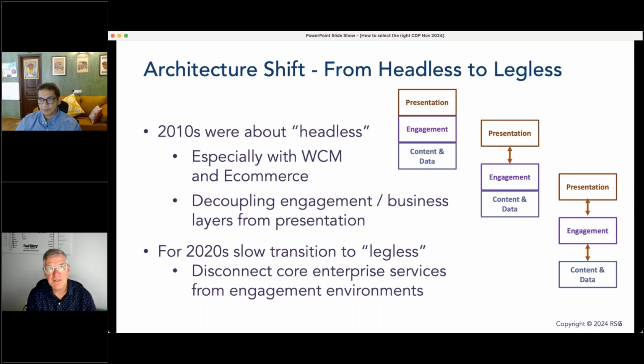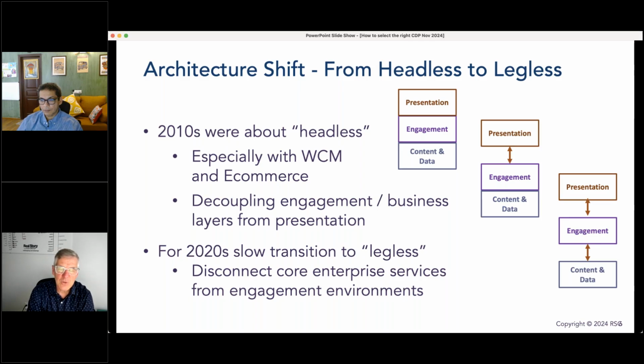But the key thing that's transpired, particularly accelerated by the pandemic at the beginning of this decade, is this architectural shift from headless to legless. In the 2010s, there were a lot of conversations about headless WCM and headless e-commerce, where you decouple the engagement layer from your presentation layer, so that you can have different presentations on top of the same content and data.